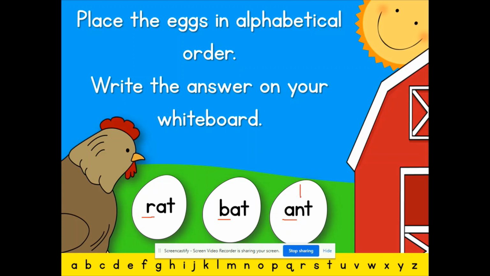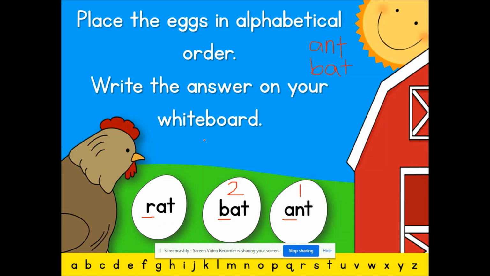So on your scrap piece of paper, go ahead and write the word ant. I'll write it up here. Okay, now we're looking for R and B, and B is the second letter of the alphabet. So the word bat is the second word, and I'm going to write it underneath ant.